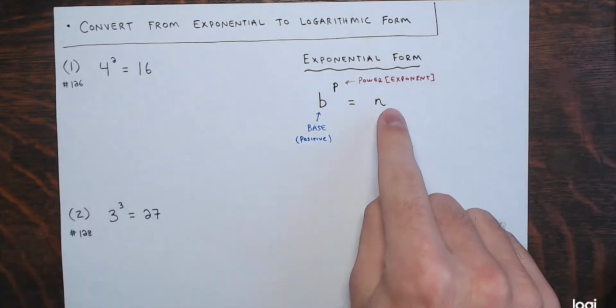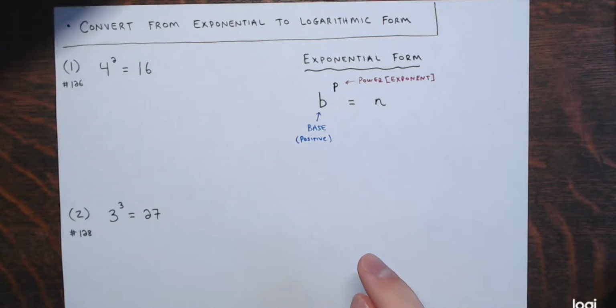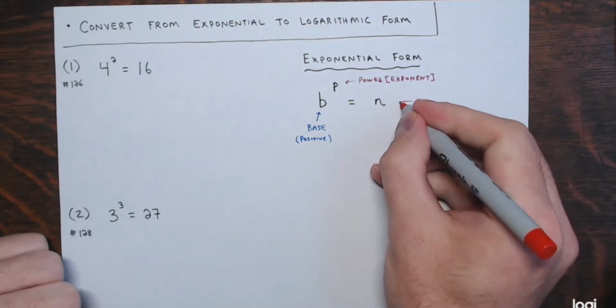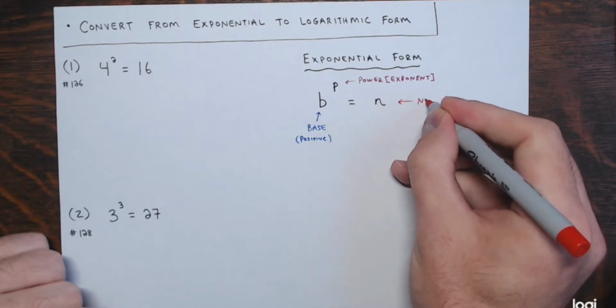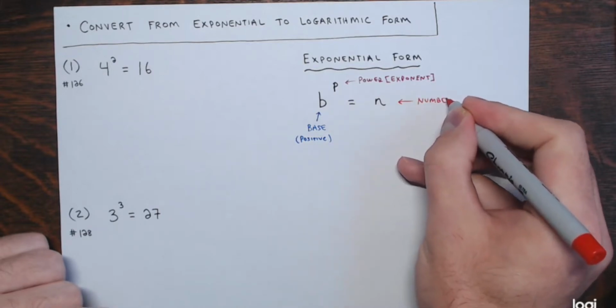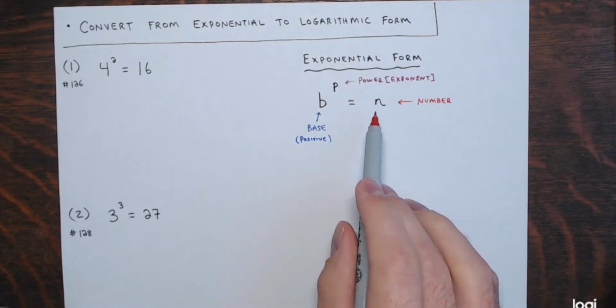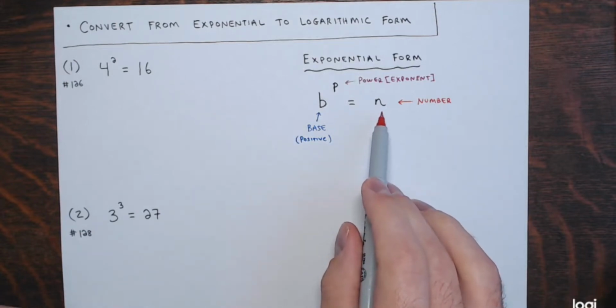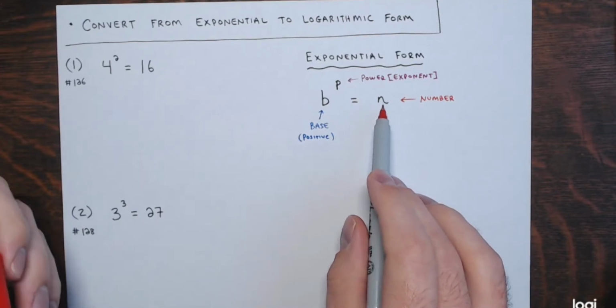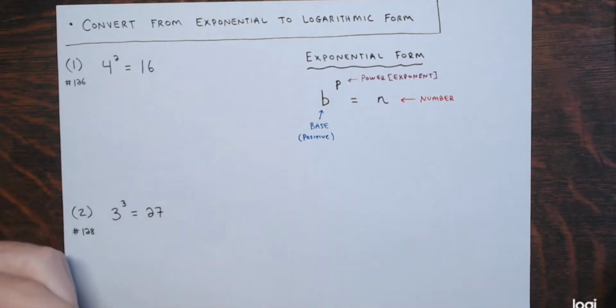And then on the other side is just a number. And what we're going to see eventually, throughout our discussion of exponents and logarithms, is that this number will be positive, but I'm just going to write number right now.